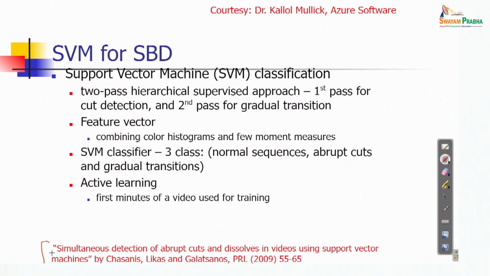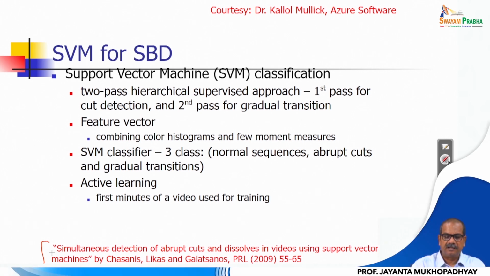What it does is a two-pass hierarchical process. The first pass does the detection of hard cuts, and the second pass handles gradual transitions with finer detail. That's the hierarchy, because cut detection is easier, but identifying the type of transition, that means whether it is a dissolve, a wipe, a fade in or a fade out, requires more distinctions.